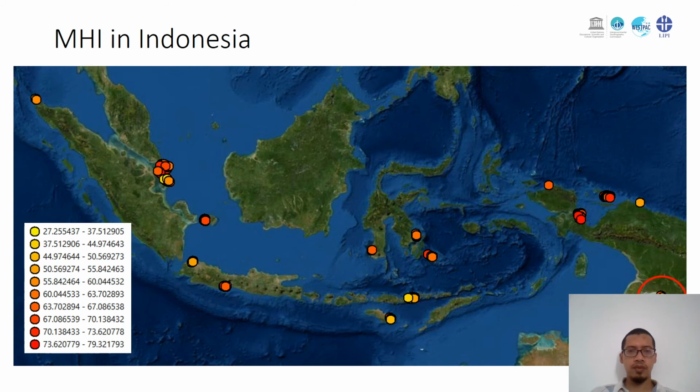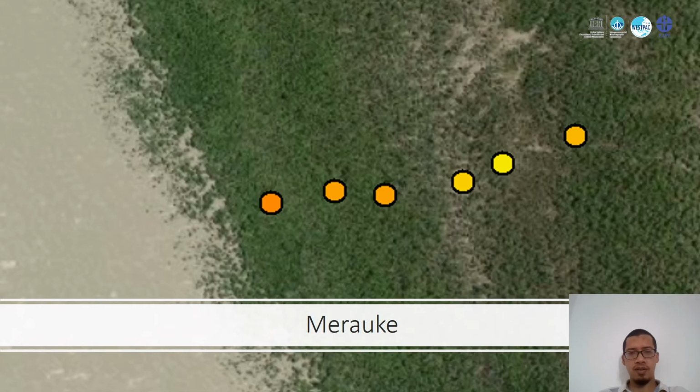And this is an example of the Mangrove Health Index values at the sampling plots around Indonesia. Yellow dots represent low values of the mangrove health index, and the red dots represent high ones. If we zoom to the area that I circled in the corner, you can see how well the mangrove health index matches the conditions of mangrove in the field.